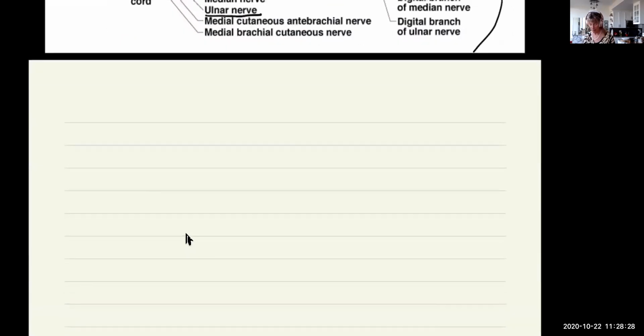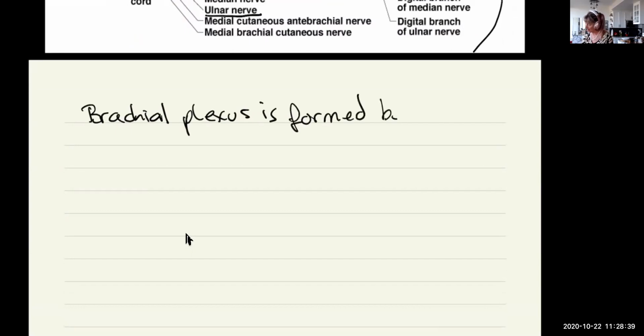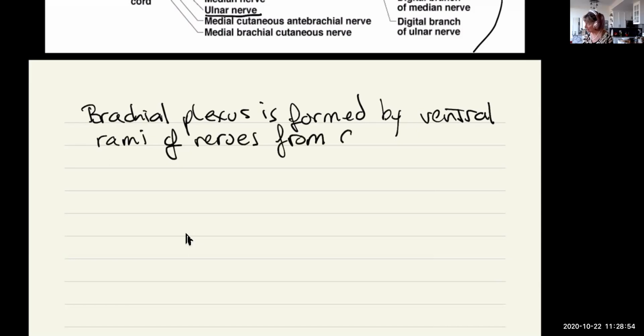So some general notes on the brachial plexus. The brachial plexus is formed by the ventral rami, as they're all formed by ventral rami, of nerves from region C4, cervical 4, to thoracic 2.